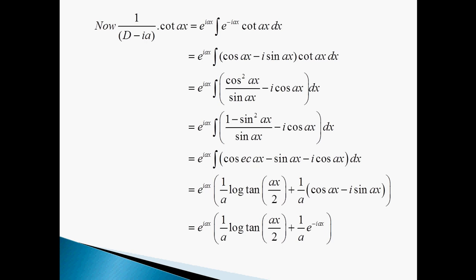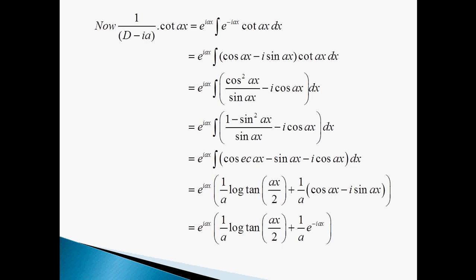Now we convert cos square ax into 1 minus sin square ax upon sin ax, minus i cos ax. Now we get 1 upon sin ax, which is cosec ax, and sin square ax upon sin ax is sin ax, minus i cos ax.